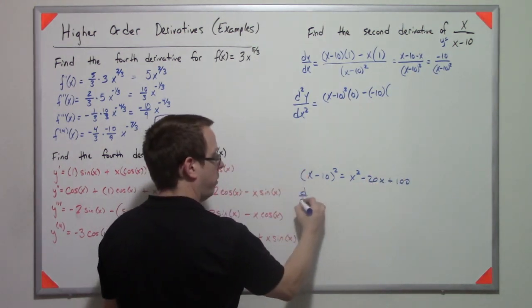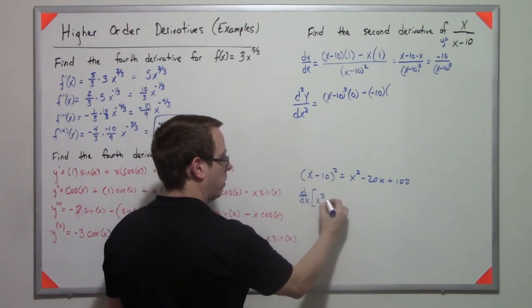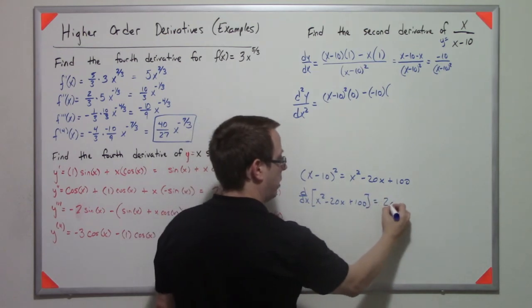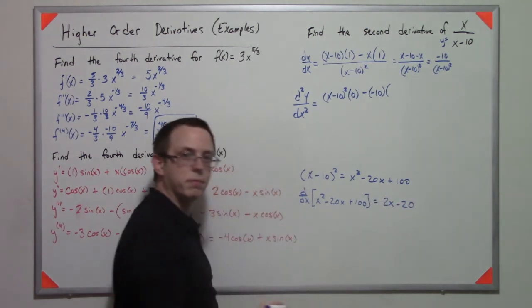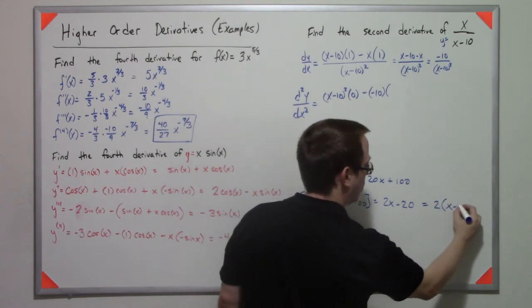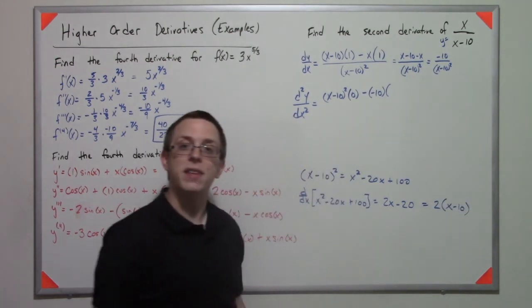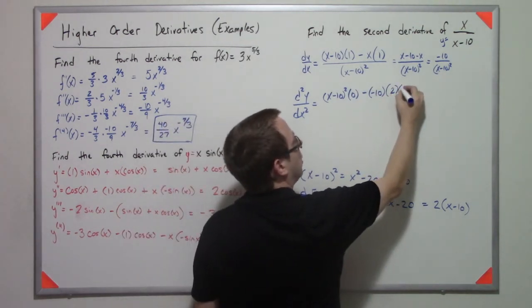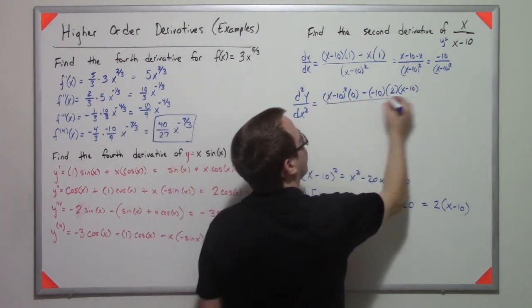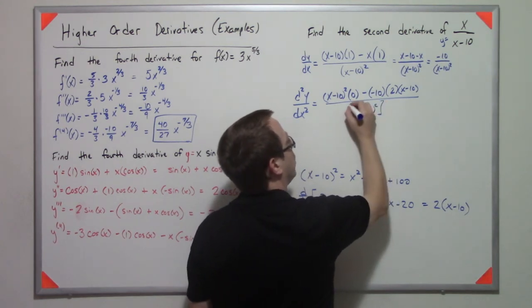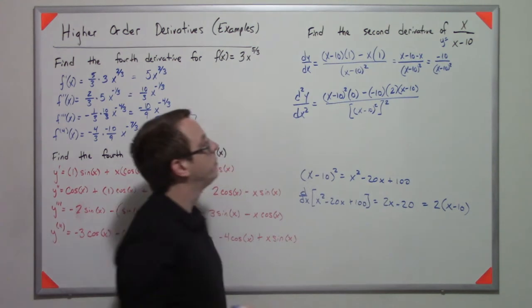So the derivative is 2x minus 20, or 2x minus 10 times 2, and that's the way I'm going to write it. So 2x minus 10 over x minus 10 squared, squared.